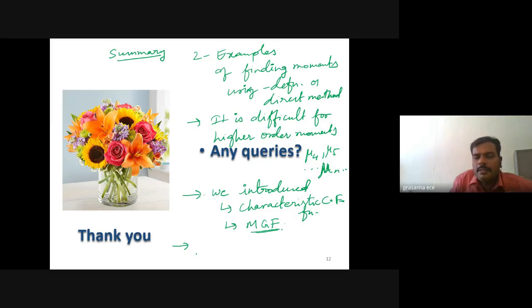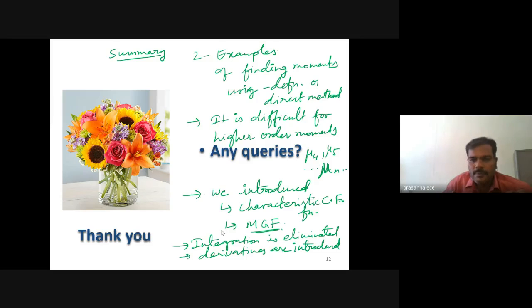They convert all the integrals: integration is eliminated and derivatives are introduced. Integration is eliminated means only one time we have to do the integration. After that it is all only taking derivatives. This is how they make our evaluation of moments easier.